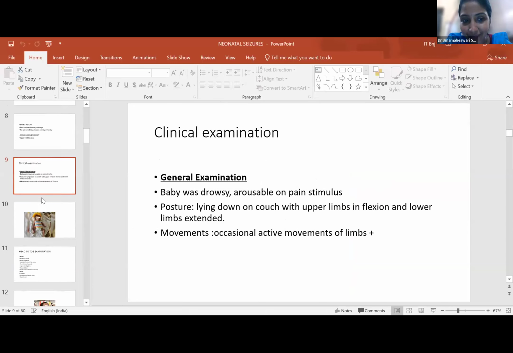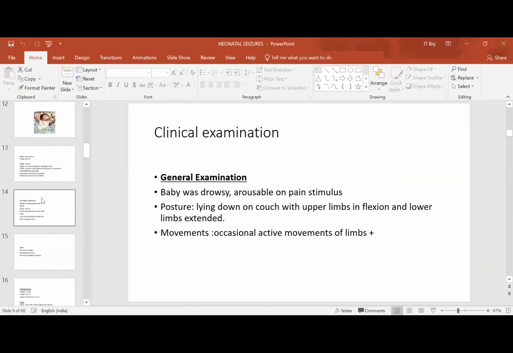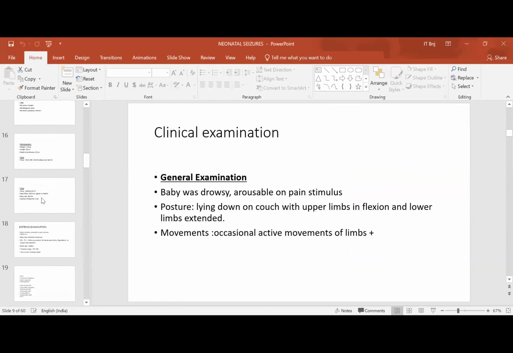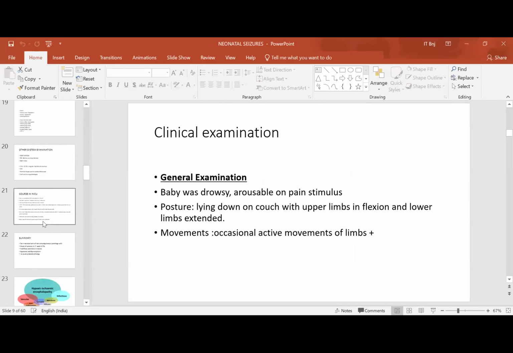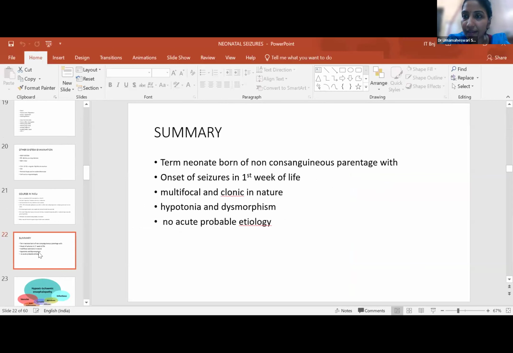We can't comment on the antenatal risk factors. Okay. Term baby born of non-consanguineous parentage. Mother diagnosed to have Graves' disease. That is also an important thing to summarize in your history, isn't it? Yes, ma'am. With hyperthyroidism and gestational diabetes in mother. Okay.